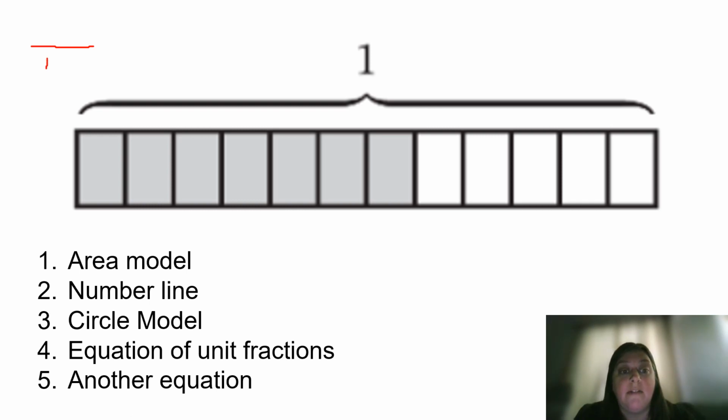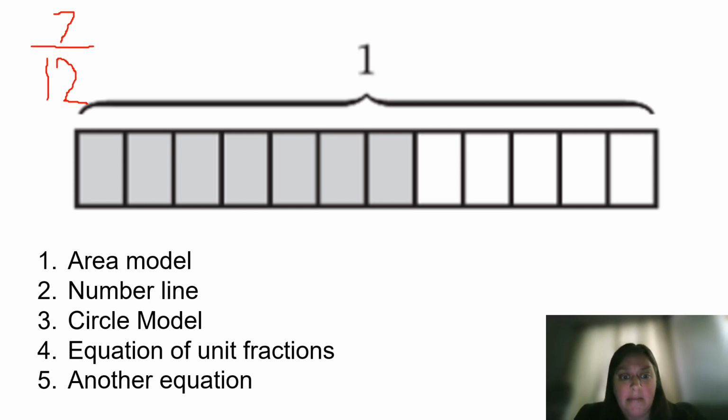There are 12 total parts. That means that is our denominator. How many are shaded in? 1/12, 2/12, 3/12, 4/12, 5/12, 6/12, 7/12. 7/12 are shaded in.